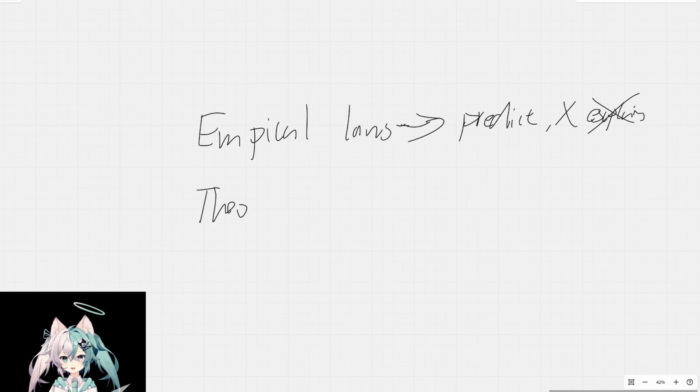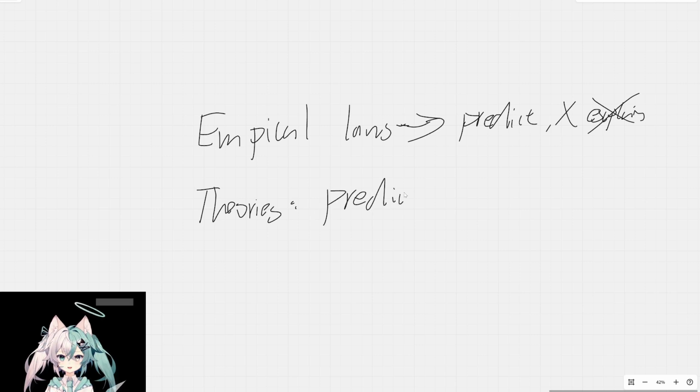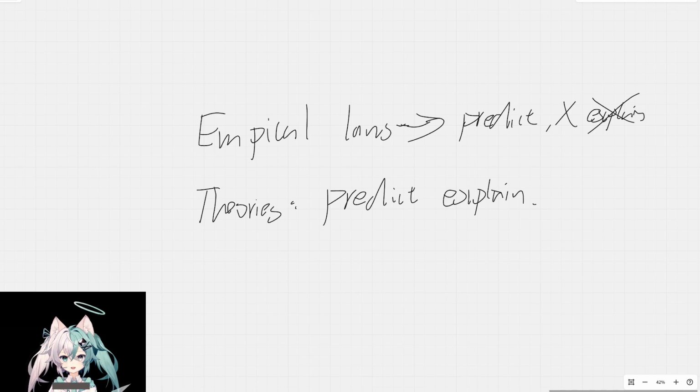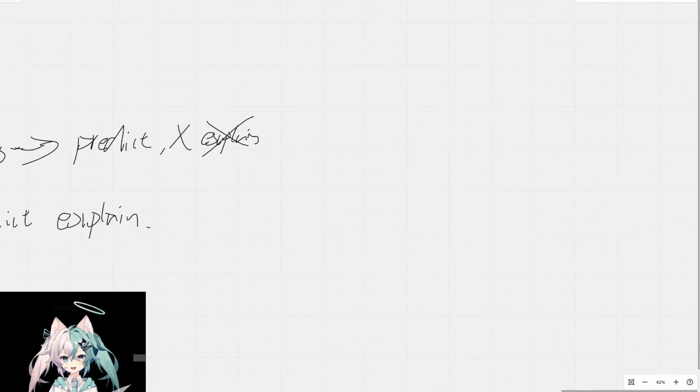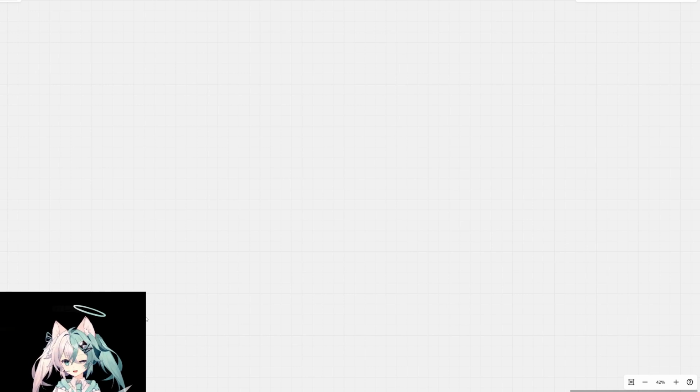And theories come from assumptions and also a logical approach to prove something. So we are able to use them to predict as well as explain what's going on within the system. And we are about to learn one of those theories afterwards. It's called the kinetic theory.